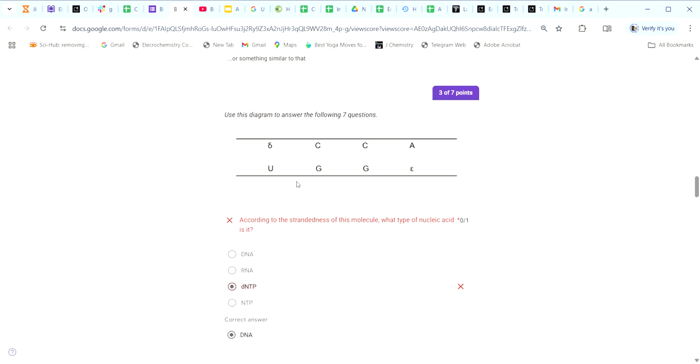The strandedness of DNA and its structure.